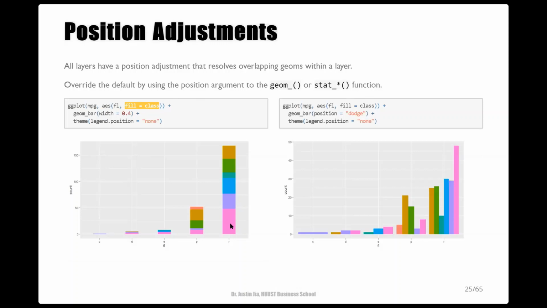And the default way to position these bars is to stack them. But we can override the default value to position these bars differently, like dodging them. Here I also use the options provided by the theme component to suppress the creation of legend, so as to enlarge these two plots.